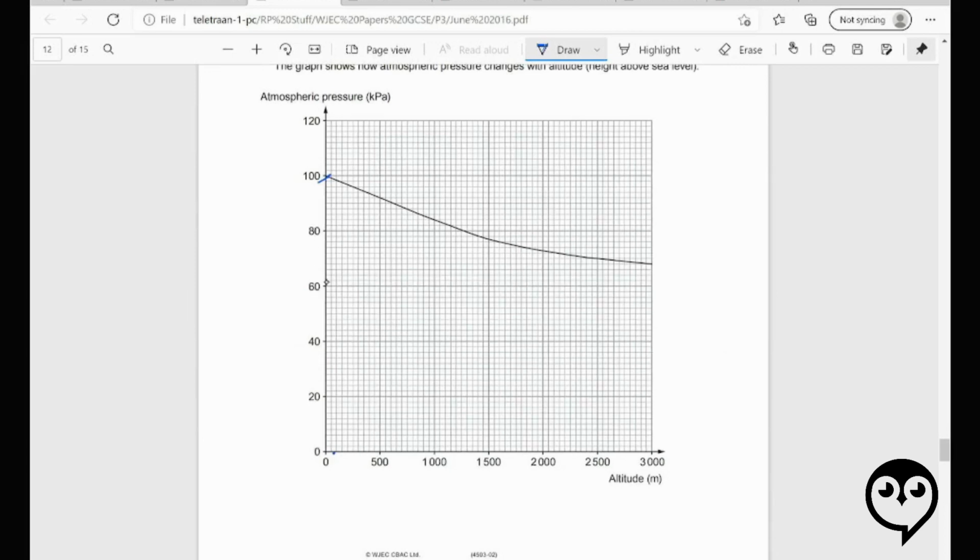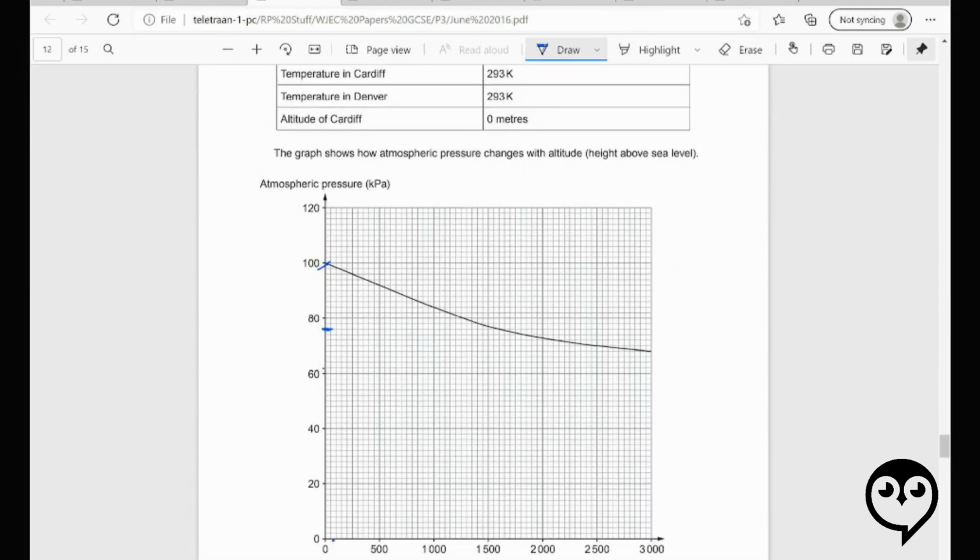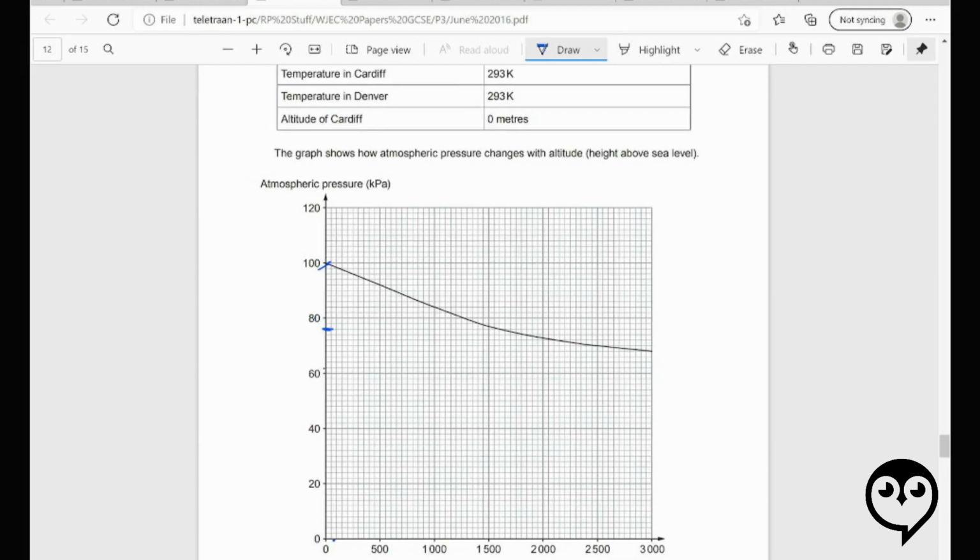All right, so we need a 76. 10 squares to move 20, so that's 62, 64, 66, 68, 70, 72, 74, 76. So 76, and that runs along to here, and I'm going to say it's about halfway through that second square. So I'm going to put that about there.